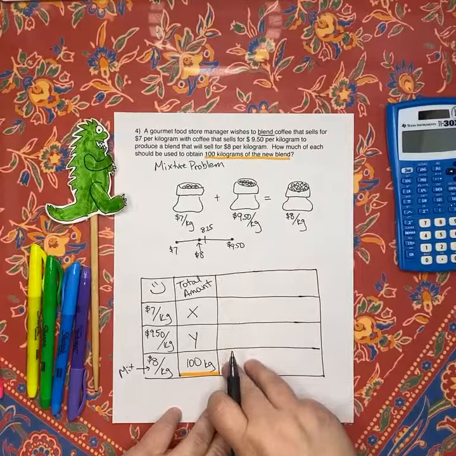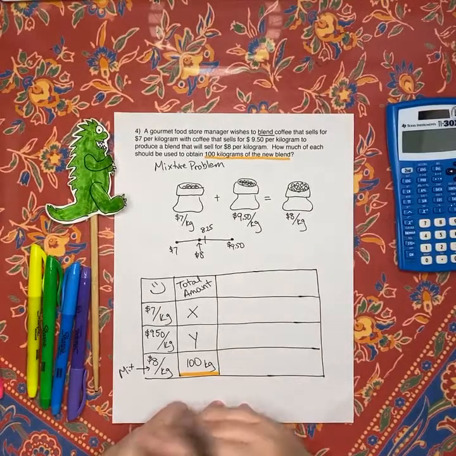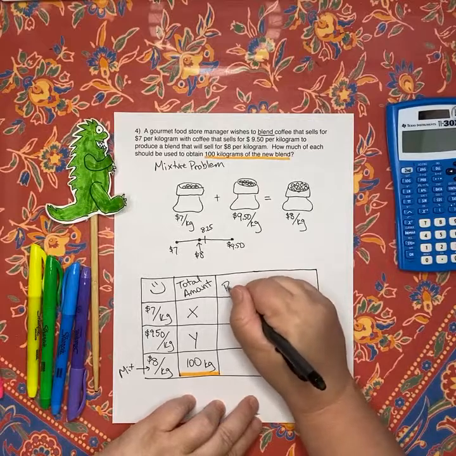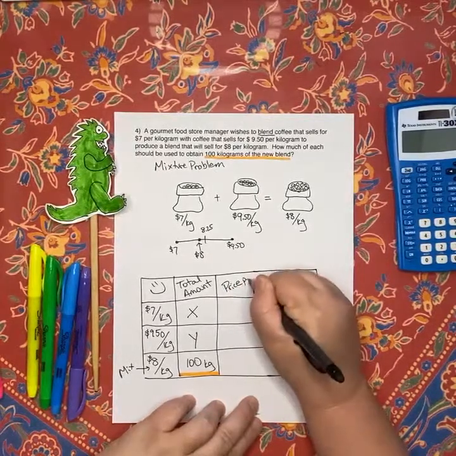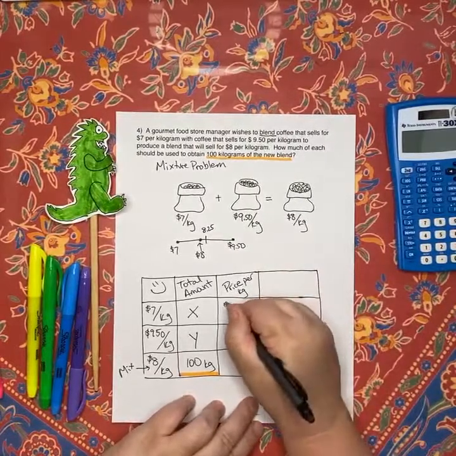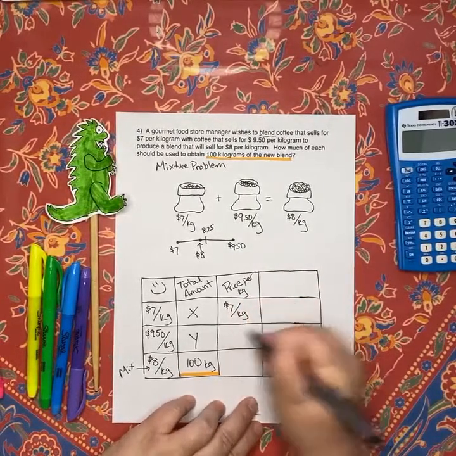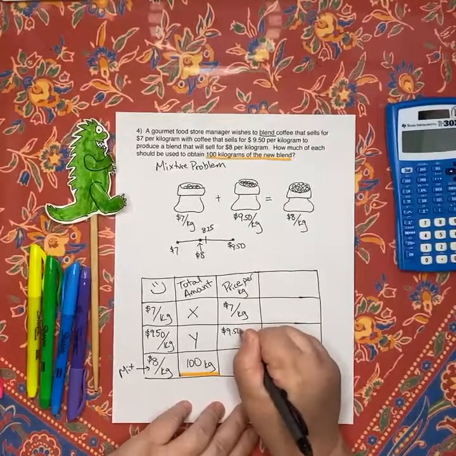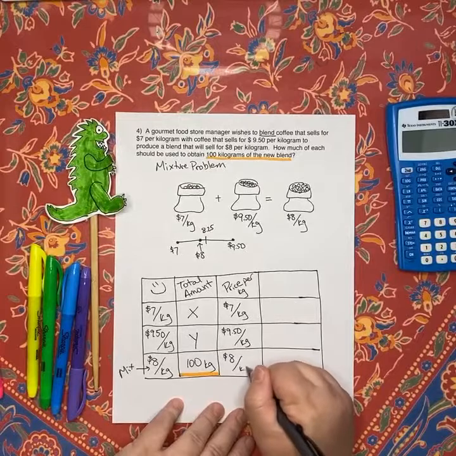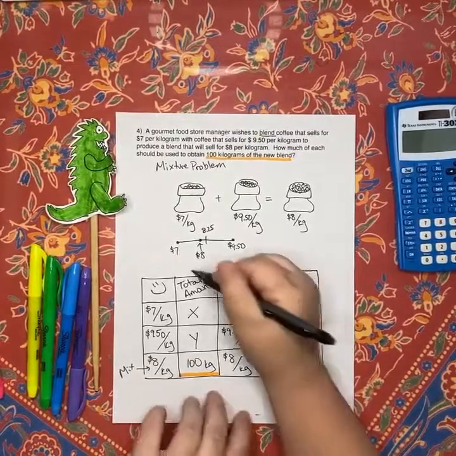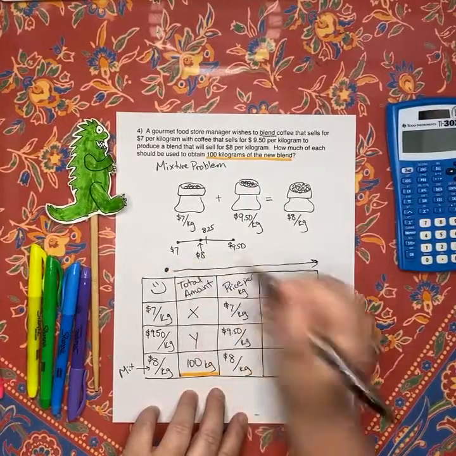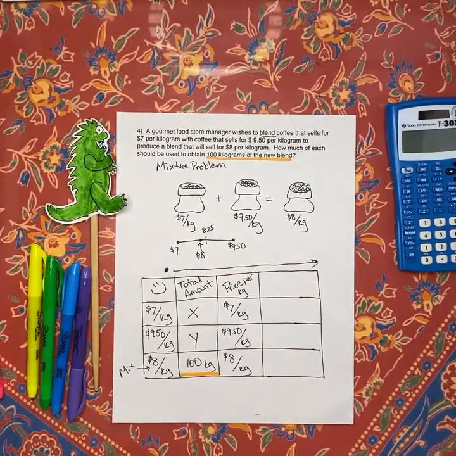Now, normally in the middle, we would do the strength. I'm not going to do the strength. I'm going to do the price per kilogram. So this is $7 per kilogram. This is $9.50 per kilogram. And this is $8 per kilogram. Now, remember in the past, I've said as we move across, these are all going to share this tendency that we're going to multiply.